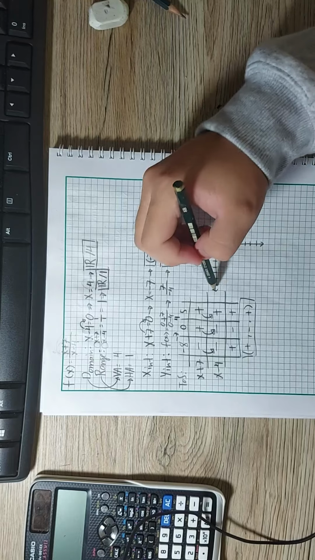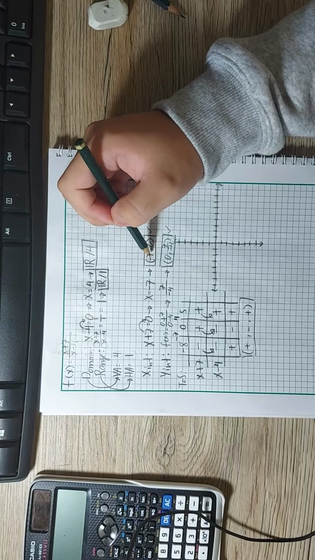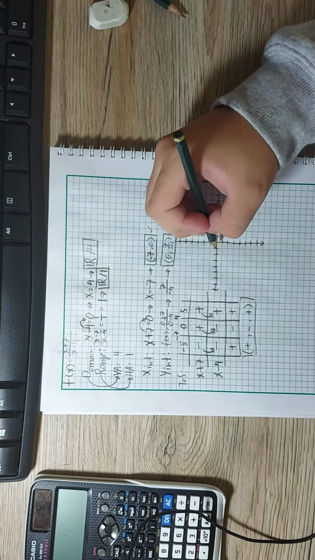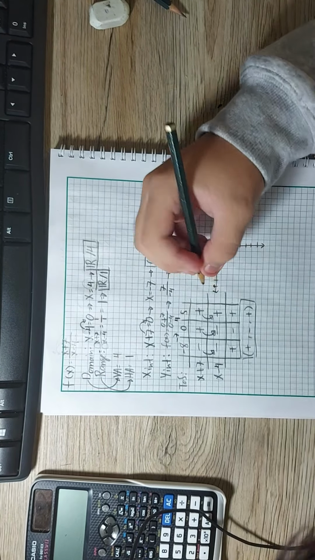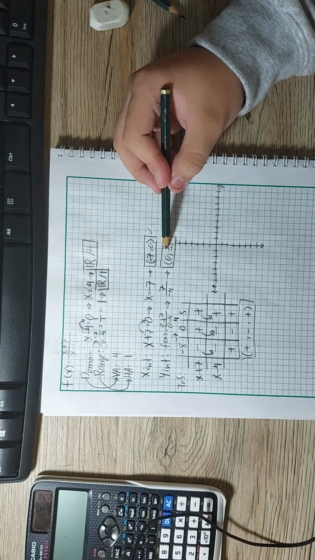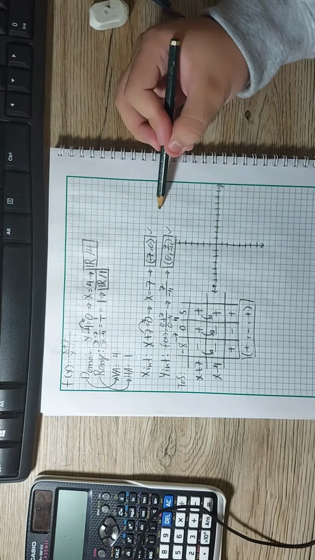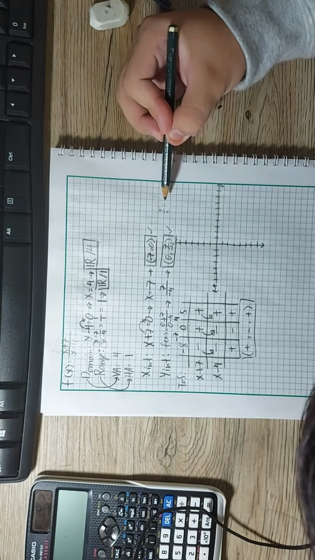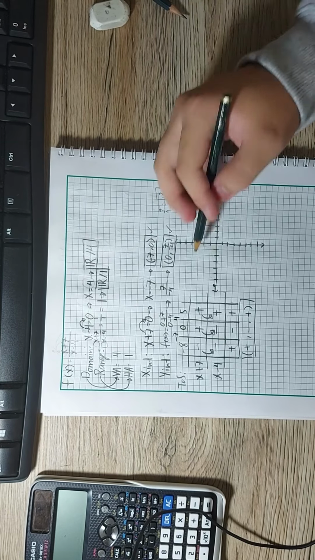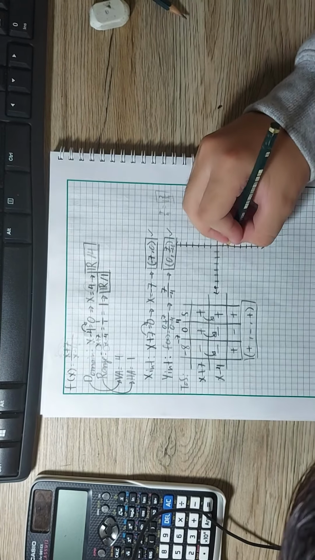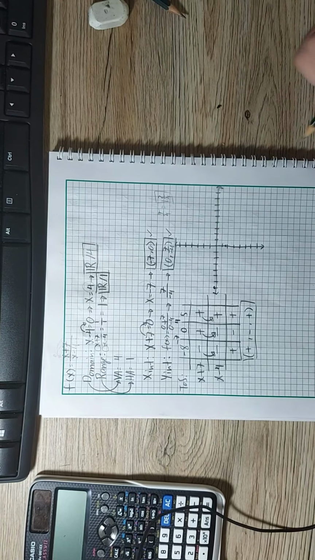Those are going to be the first points for the graph. The x-intercept is negative 7, so 1, 2, 3, 4, 5, 6, 7. The y-intercept is negative 7/4, which is equivalent to negative 1 and 3/4, so we just place it a bit above the second one.